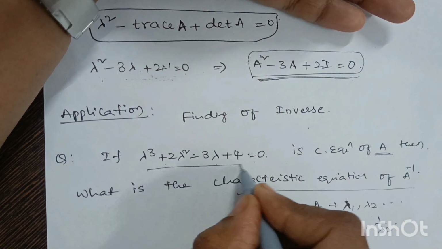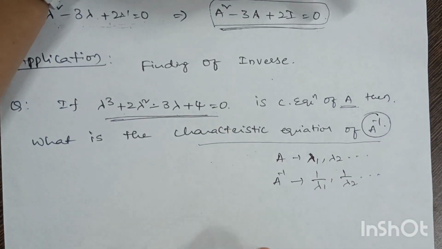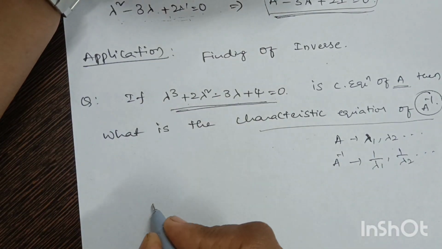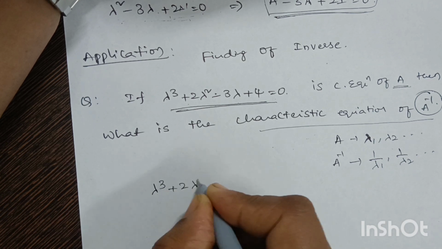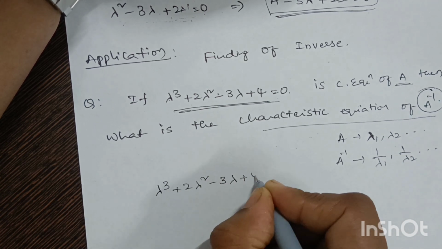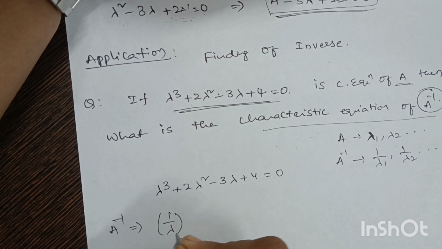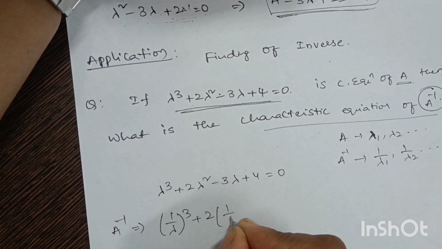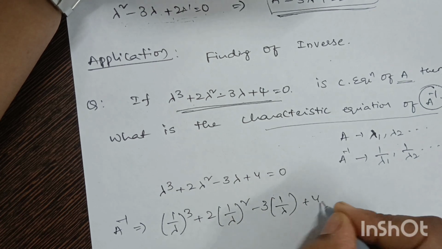So to find the characteristic equation of A inverse, we directly substitute 1 by lambda in place of lambda. So here lambda cube plus 2 lambda square minus 3 lambda plus 4 equal to 0. So for A inverse the characteristic equation is 1 by lambda cube plus 2 by lambda square minus 3 into 1 by lambda plus 4 equal to 0.